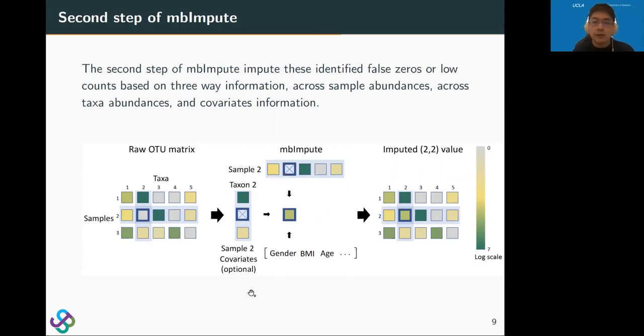And we will also borrow the information from all the covariates such as gender, BMI, and age, and so on. Then after imputation, the originally close to 0 abundance will be raised to a higher value. We will impute on all the identified false low counts or zeros, so the final matrix should have fewer 0 values.